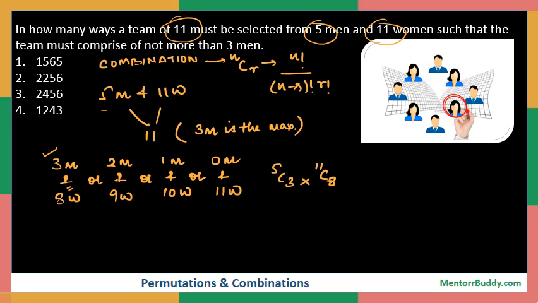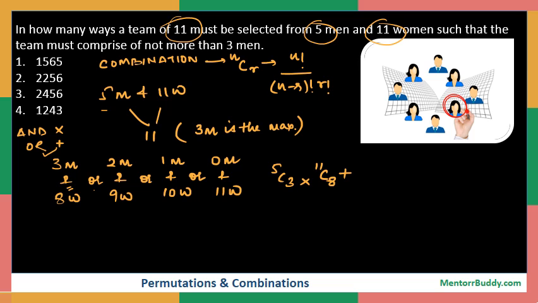Please remember, in permutations and combinations and in probability, wherever we have 'and', we can replace it with a multiplication sign. Wherever we have 'or', we can replace it with a plus sign. So this 'or' can now be replaced with the plus sign.